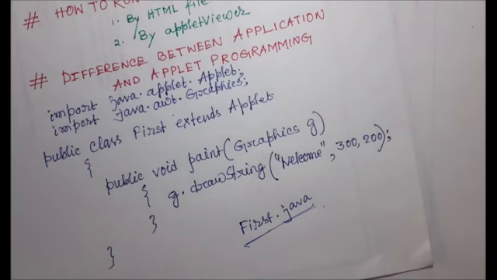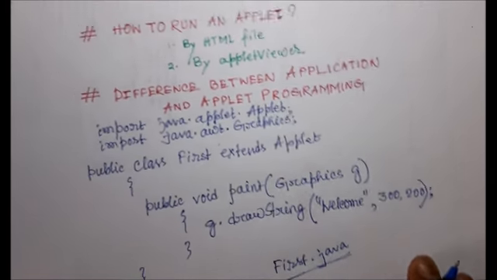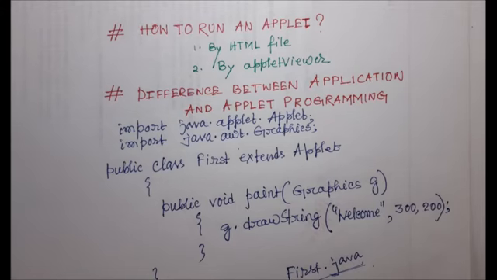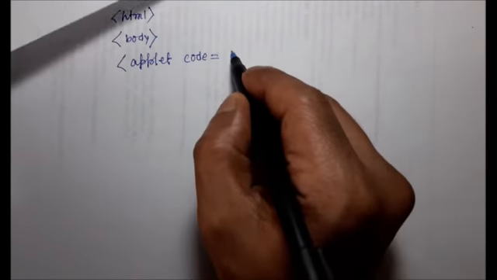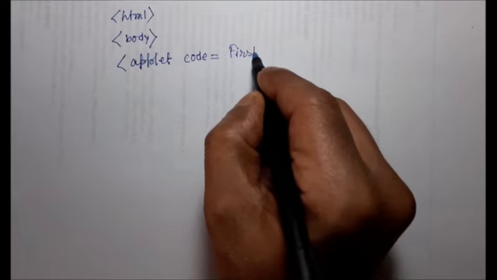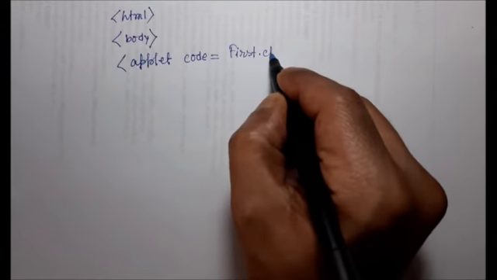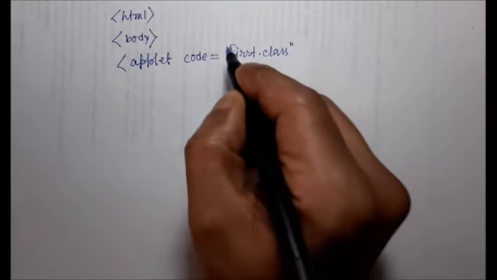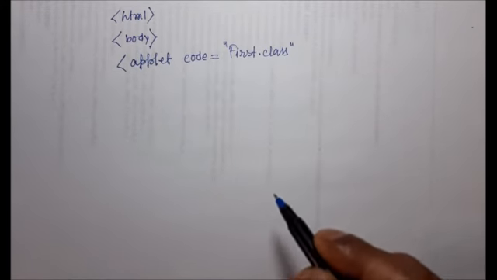But first I have to compile the Java file. If we compile this file, we will get first.class, because we already know that if I compile the Java file, I will get a dot class file. So here I write the name of the file, first.class, in double quotes, and it will be treated as a string.